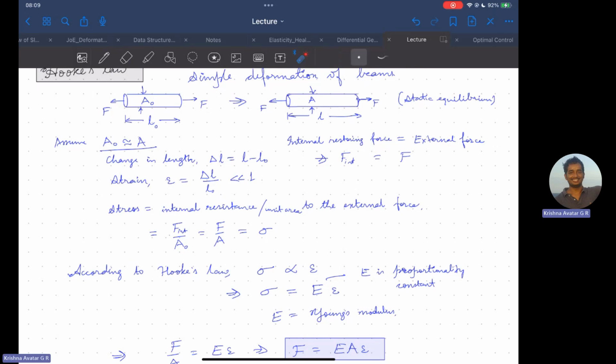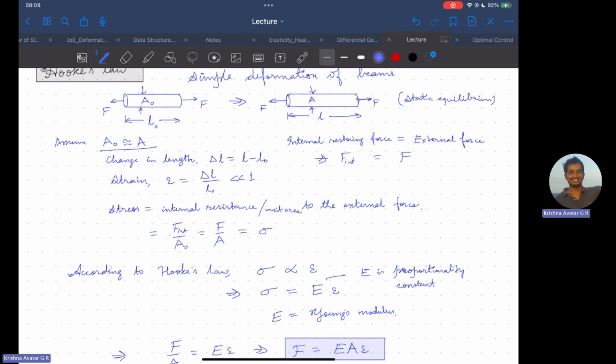The next step is to define something called stress. Stress is just the internal resistance, or internal restoring force, per unit area, and that is equal to the external force, which means that F int by A naught is equal to F by A. This is called sigma.